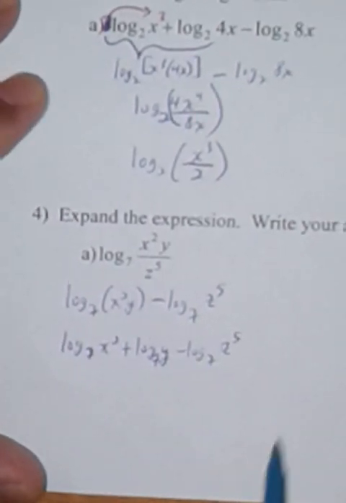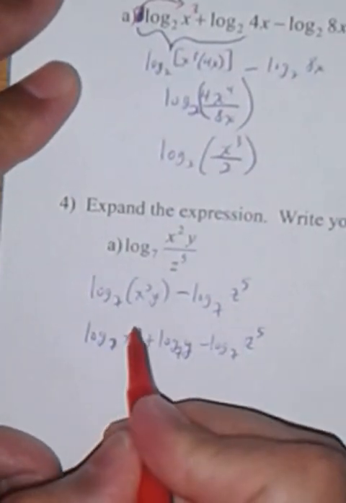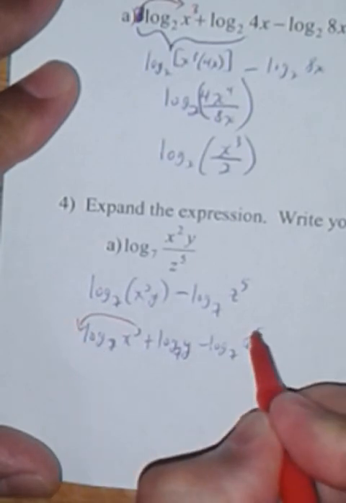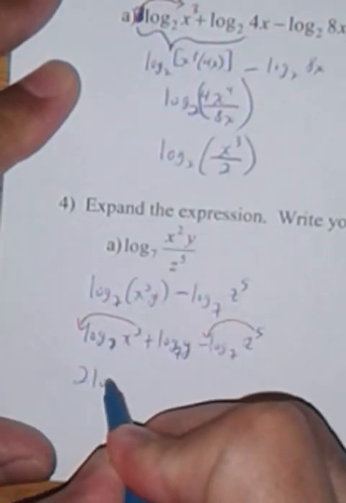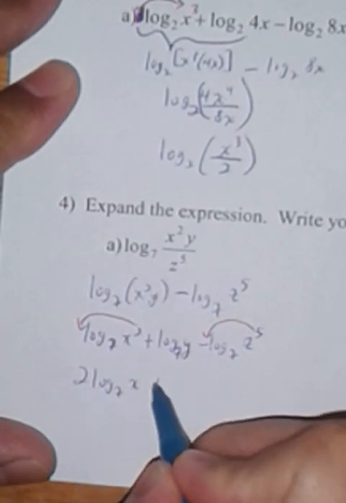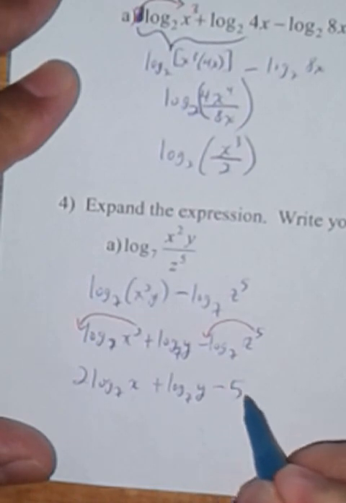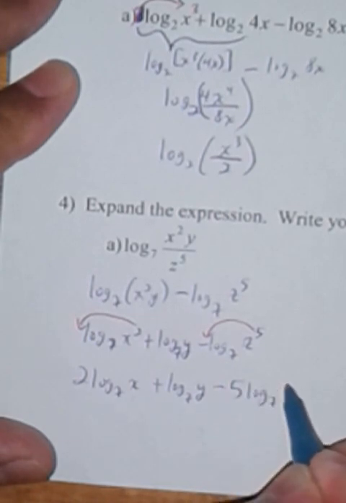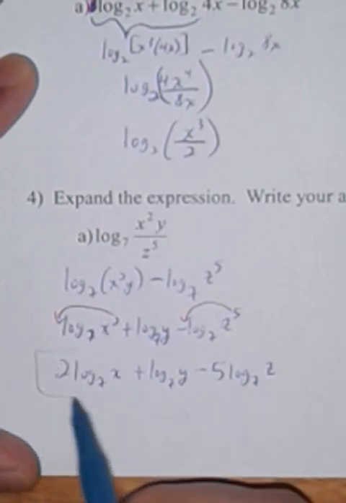Now, the instructions say I cannot have exponents, so I'm going to just move the exponents down to the front as coefficients, right? Each of these. So this will be 2 log base 7 of x plus log base 7 of y minus 5 log base 7 of z. Yeah, that's our answer.